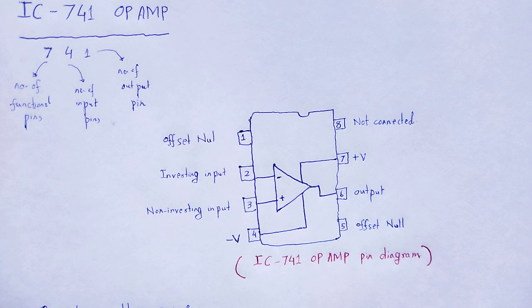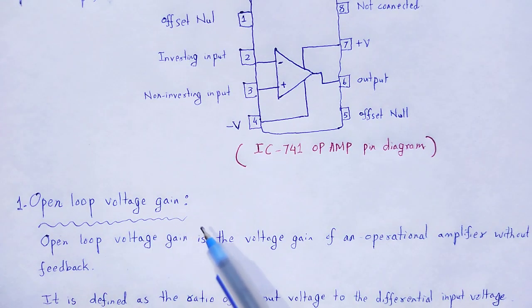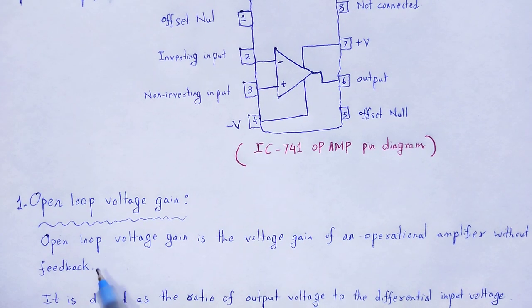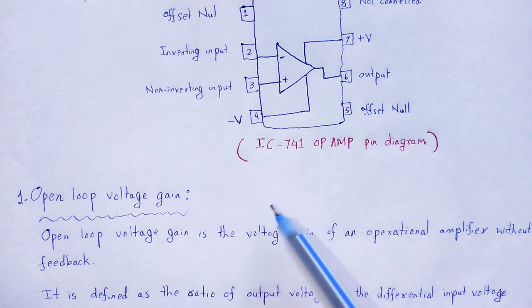Next, some important technical terms related to op amp. First one is open loop voltage gain. As the name indicates, open loop, the voltage gain of an operational amplifier without feedback is said to be open loop voltage gain.